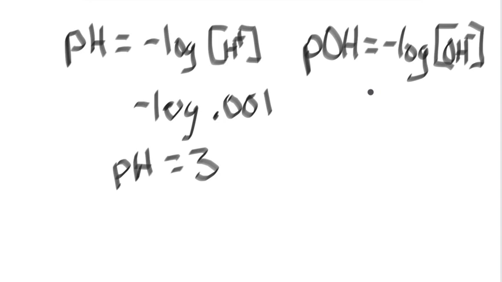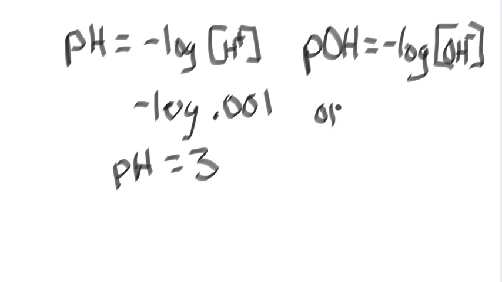pOH is essentially the same thing, except we take the negative log of the hydroxide ion concentration. If we know the hydrogen ion concentration, we can figure out the OH concentration.